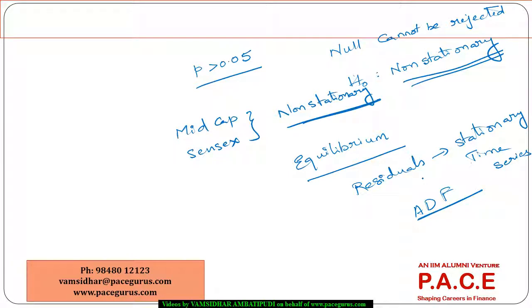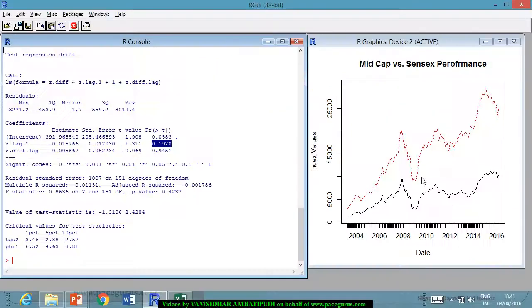So which means I am primarily looking at finding out not the differences. I am primarily looking at finding out the relationship between the prices itself, between the original values itself. Now I am going to take an LM.